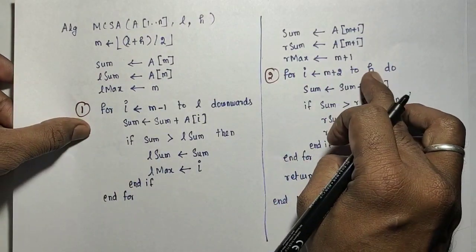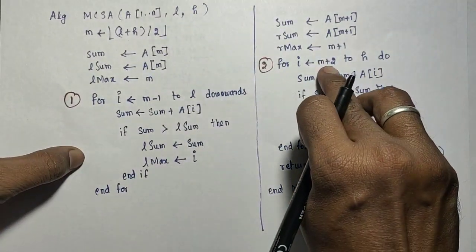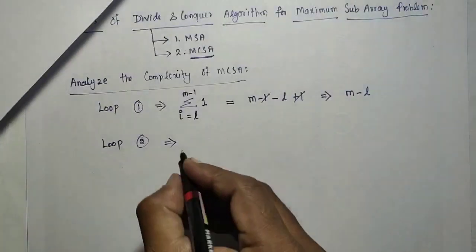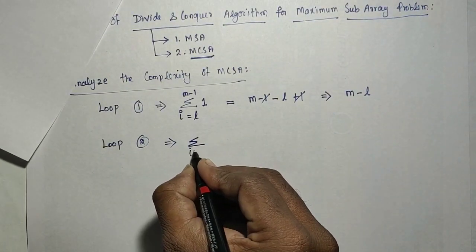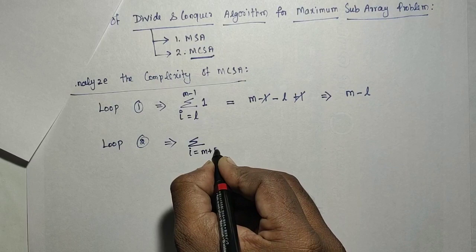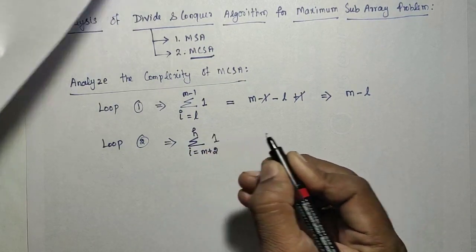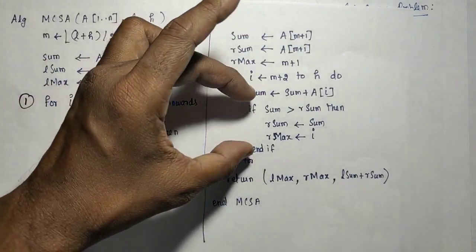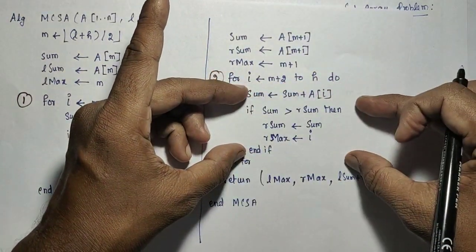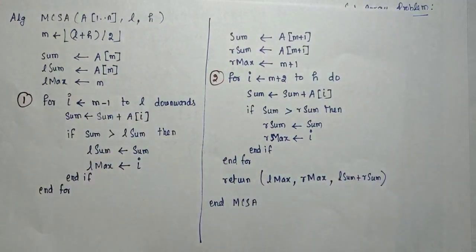M plus 2 to H. So here lower is this, upper is this. So sum of I equal to M plus 2 to H, and then 1. The 1 represents the number of operations, so the entire operation is going to be encountered as 1 operation.